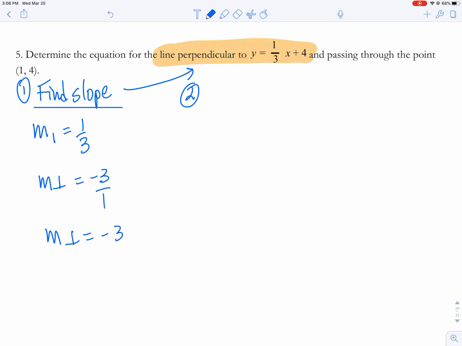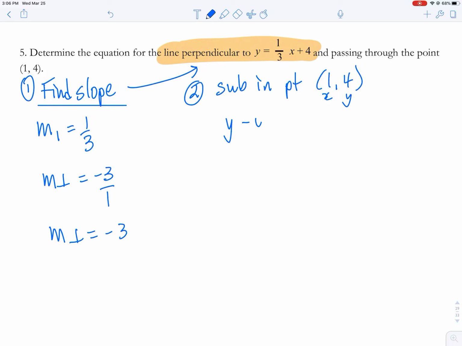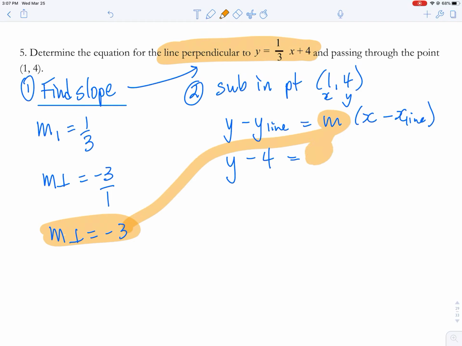Second thing we're going to do is sub in the point. So that's going to be x and y into y minus y line equals m times x minus x line. So y minus 4 equals m. We figured out that m was minus 3, so we're going to substitute that in.